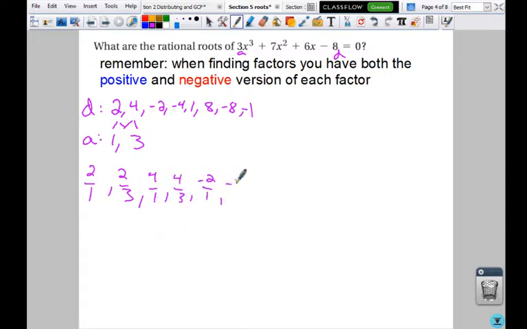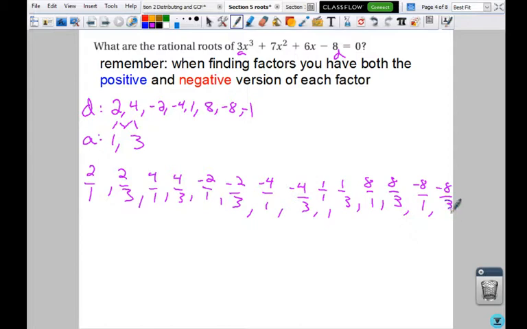Negative 2 over 1, negative 2 over 3, negative 4 over 1, negative 4 over 3, 1 over 1, 1 over 3, and we're going to keep going, it's really annoying. 8 over 1, 8 over 3. Do we have to do all of those? Yes, you do. Negative 8 over 1, negative 8 over 3, negative 1 over 1, and negative 1 over 3.